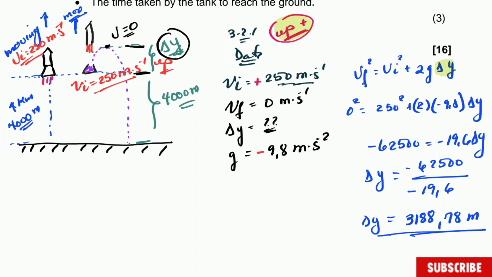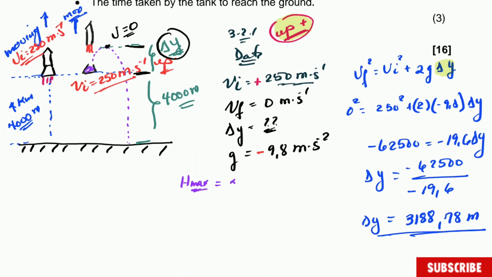Now remember, this displacement is not the answer to the question. This displacement was this distance. The final answer they want is the maximum height from the ground.